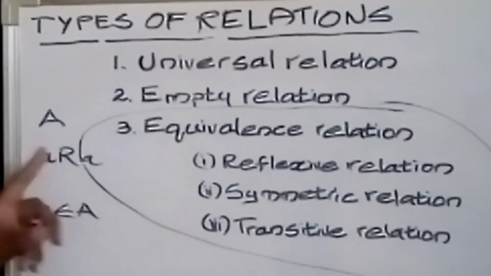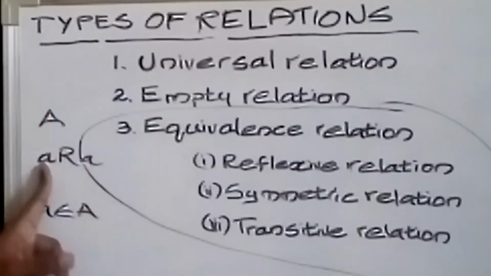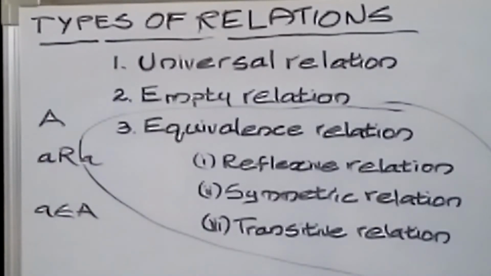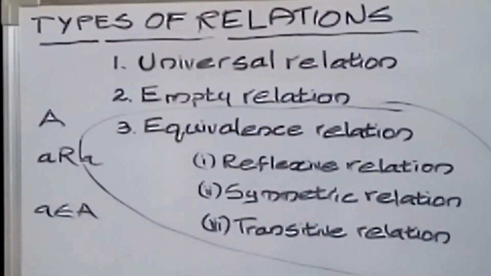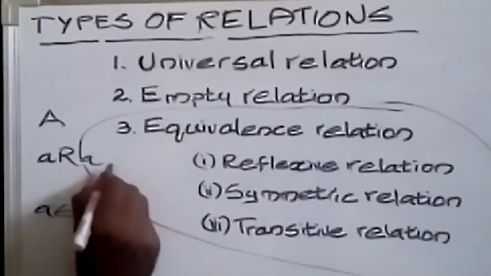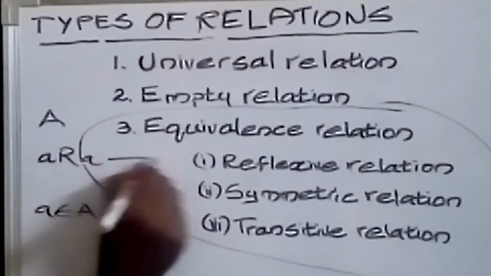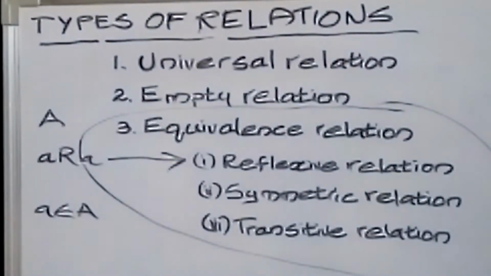If every element in the set A is related to itself, it is called a reflexive relation. Thus, a relation in the set A is said to be reflexive if every element a is related to itself.